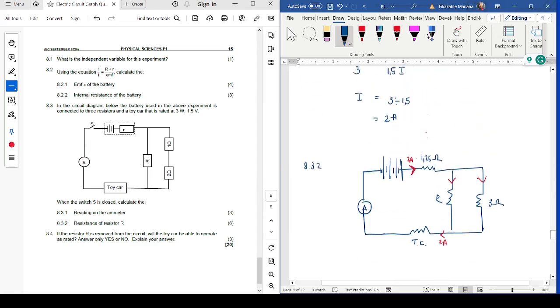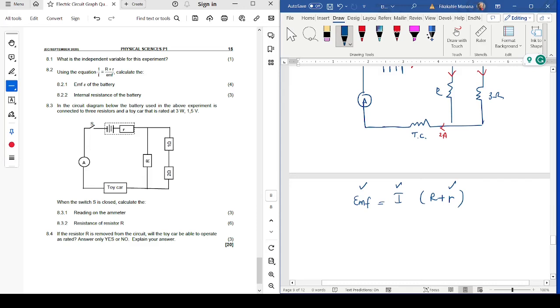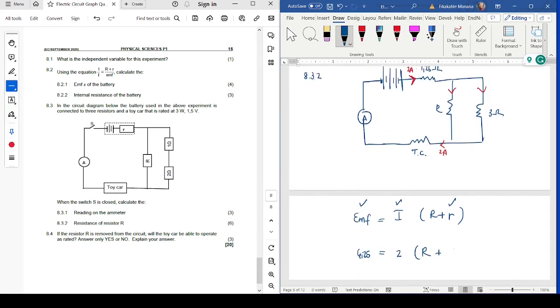Yes, the EMF that we calculated, we got 6,25. Our current is 2. We don't know what the total external resistance is, but we know the total internal resistance, which is 1,25. Okay, great.